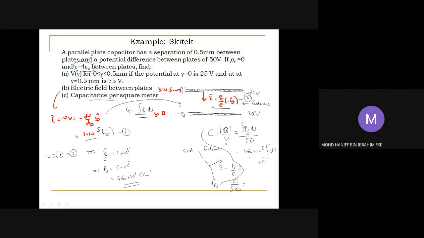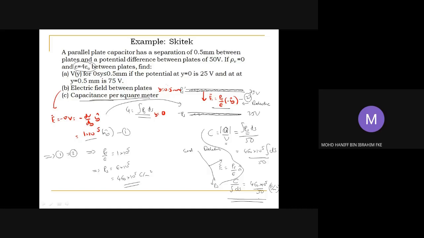You can bring the ds integration to the right hand side, and that should give us 4 epsilon naught times 10 power of 5 over 50. So please calculate this for me in the units of farad per meter squared, because the question asks us to find capacitance per square meter, so capacitance per the area. That should be your capacitance per square meter for this particular problem.